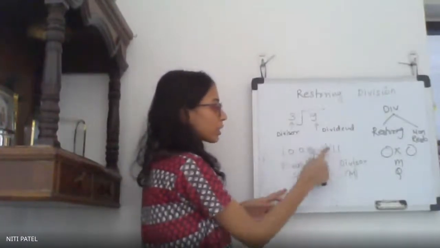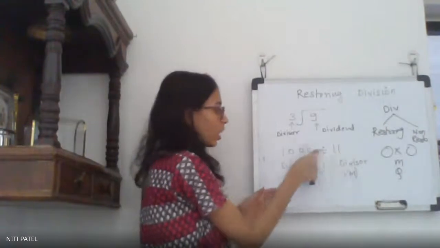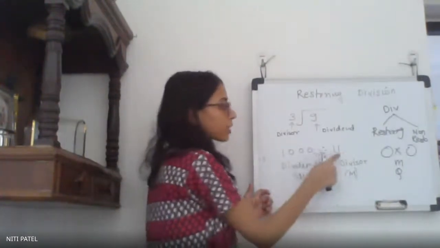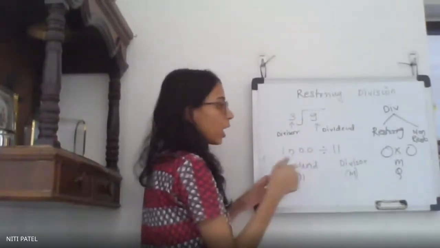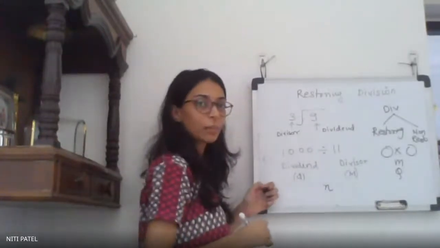So if a question is, 1000 divided by 11 in binary, the first number is called the dividend, denoted as Q, and the second number is called the divisor, denoted by M. Again, we have to perform the cycle depending upon n, that is the number of bits.